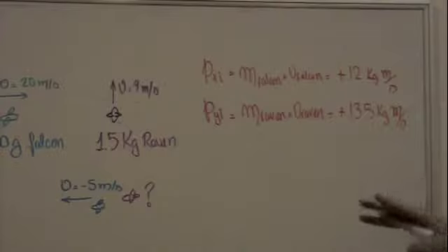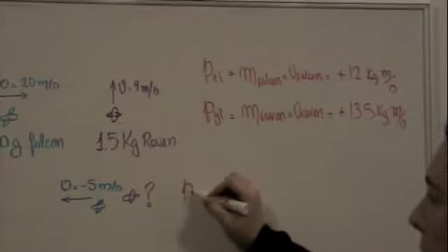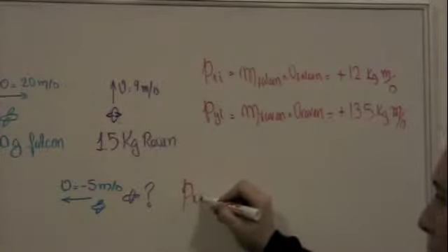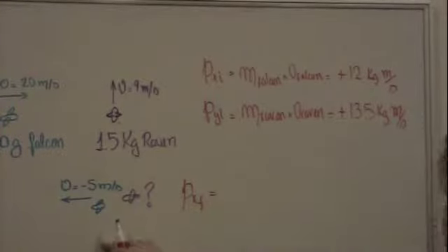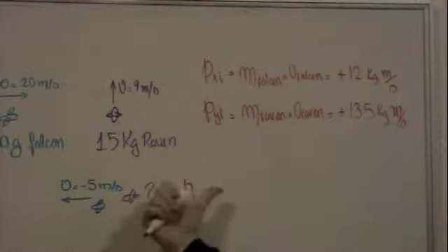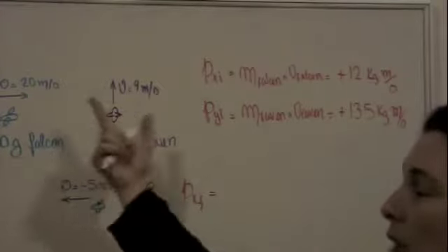We know that the linear momentum will be conserved. So what do we know about after? All right. The linear momentum in the x direction after, we know that there is a component that will be due to the falcon, and that component is actually opposing the initial linear momentum. Therefore, the raven is going to have some linear momentum to the right, and it's going to have enough so that this plus this equals the initial momentum.